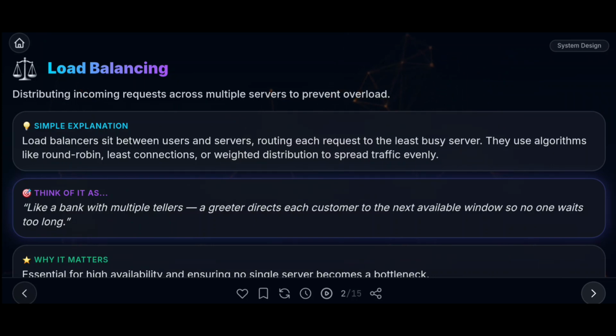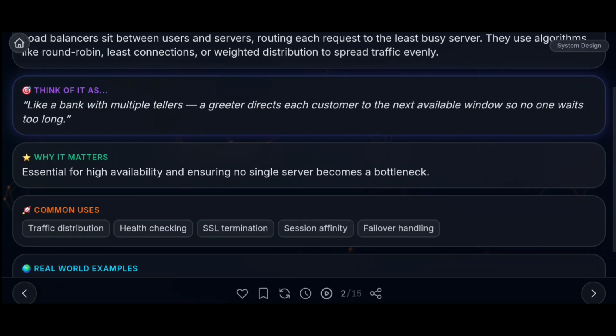So the processing is reliable and no server is overburdened with requests. Think of it like a bank with multiple tellers. A greeter directs each customer to the next available window, so no one waits too long. I hope you understand this.